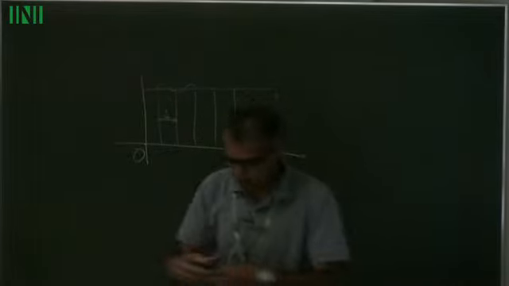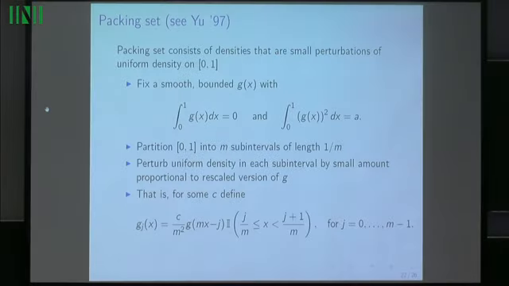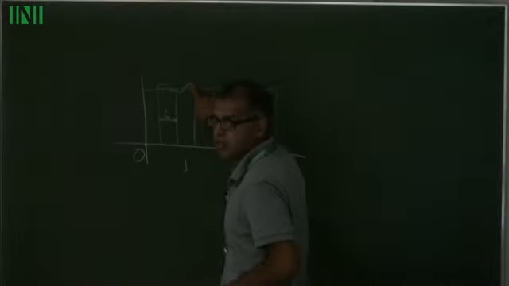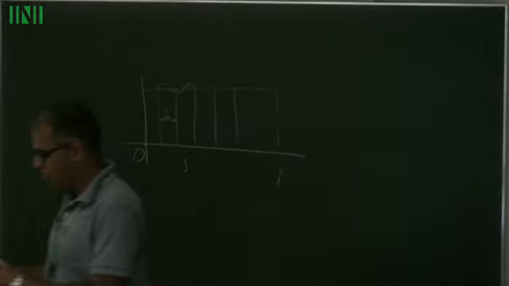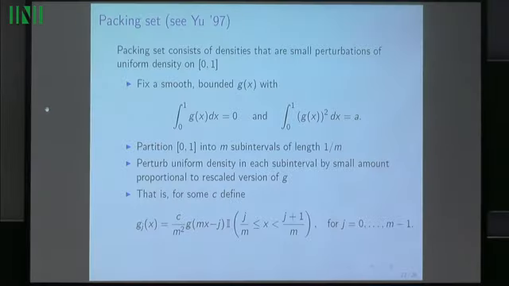Okay, so in particular in the jth interval, I define this g_j to be a scaled version of g restricted to the jth interval, and then I just perturb this density by this much. In each interval j you can either choose plus g_j or minus g_j.